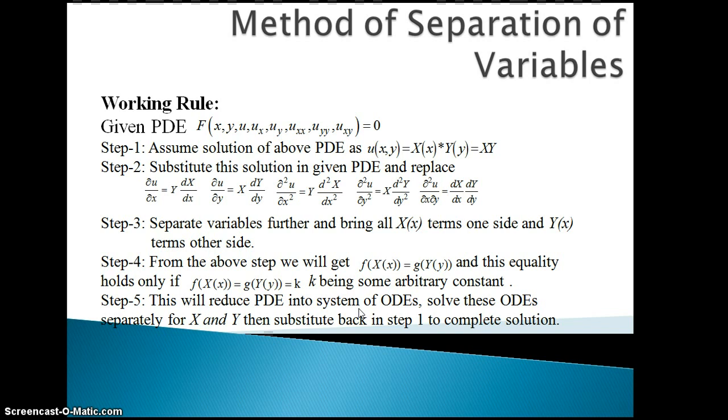Thereby we get the complete solution. If any initial or boundary conditions are given, you can substitute them and find the respective constants you get while solving the system of ODEs. So this is the procedure for the method of separation of variables.